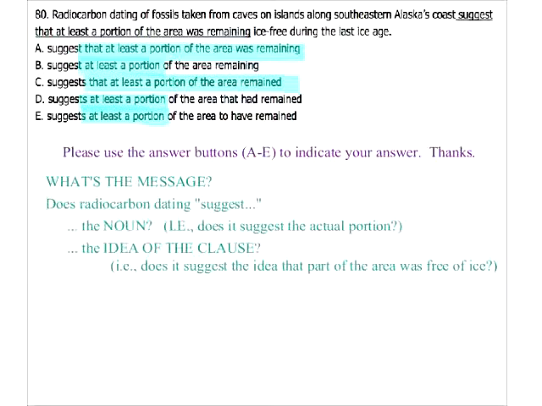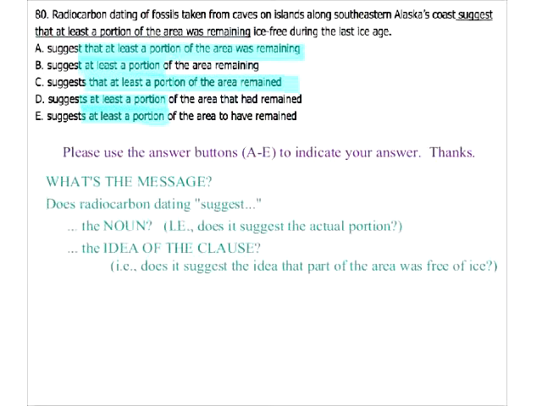It's not the noun, because radiocarbon dating doesn't give you geographical locations. Instead, it's the message of the sentence, and again, there's no formula for figuring this out. You just have to read it the way that you would read these ideas in a magazine or something.